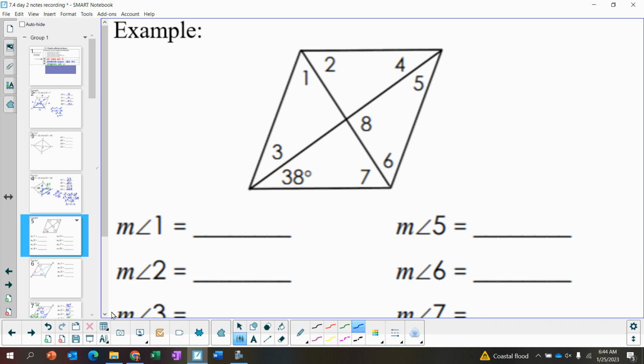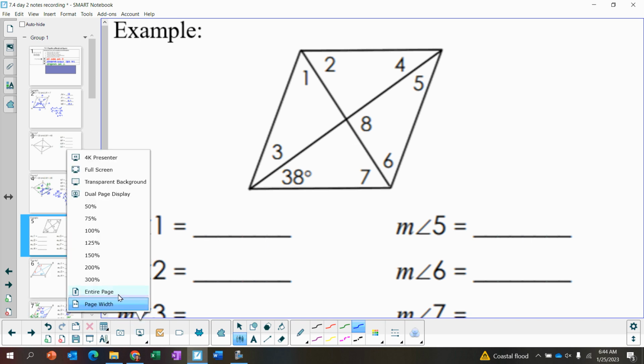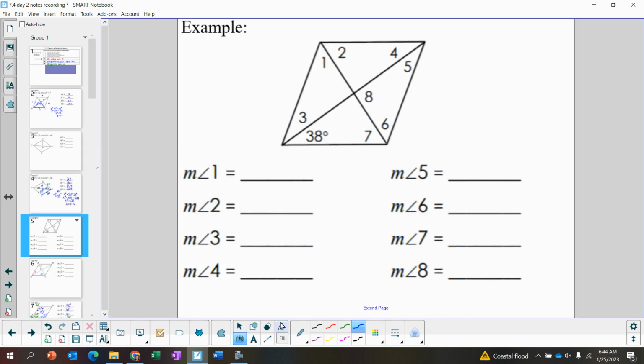All right, the next one, we're going to deal with the angles, and let's actually get a better view of this. Okay. So we know that the angles are the same as those. Four of these are 38 degrees. We also know the diagonals are perpendicular. And these are right angles, so that makes it 90.